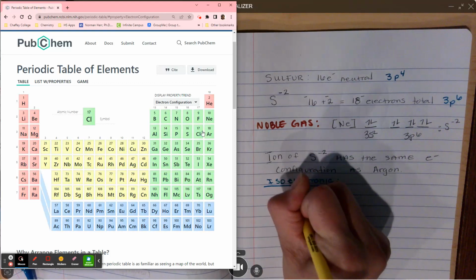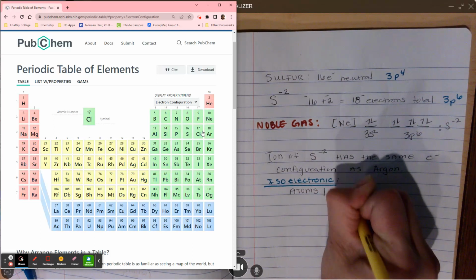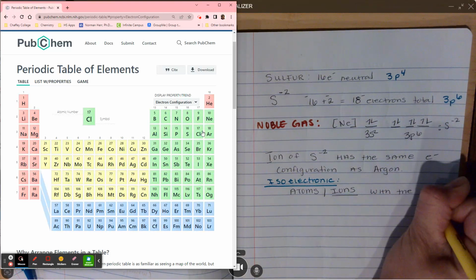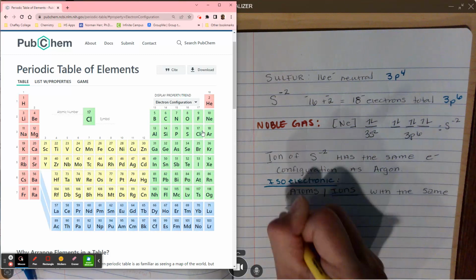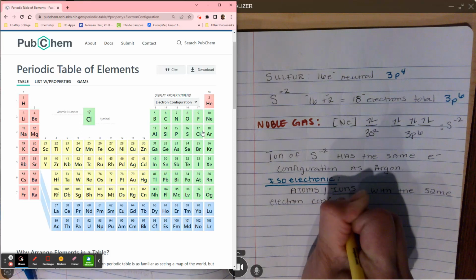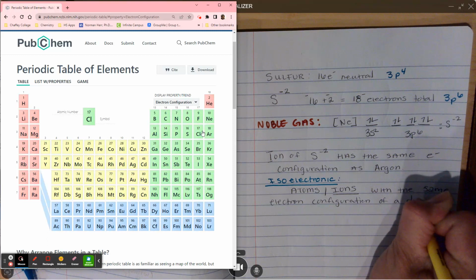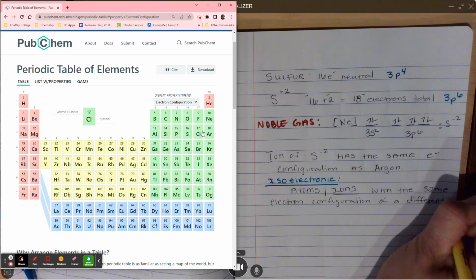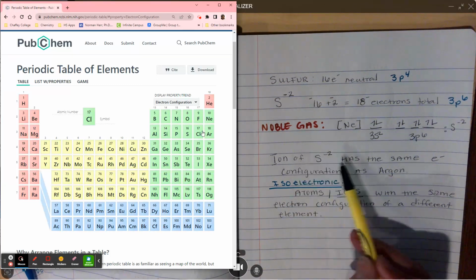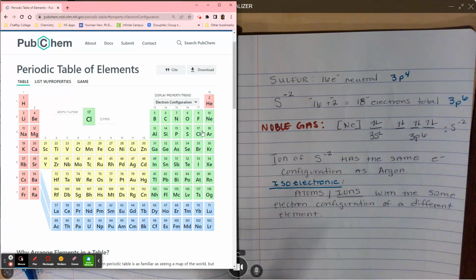So: atoms or ions with the same electron configuration of a different element. Sulfur ion is isoelectronic with the argon ion.